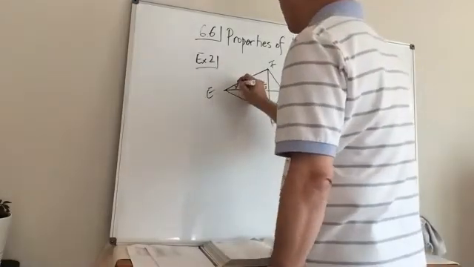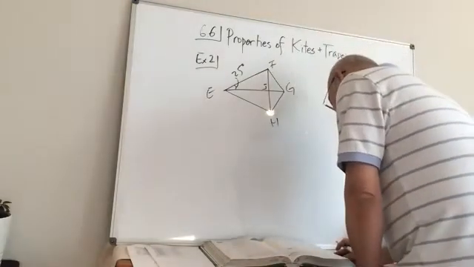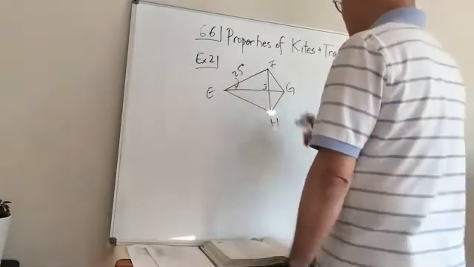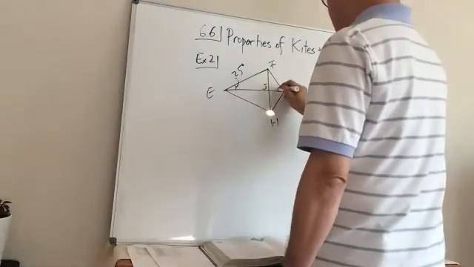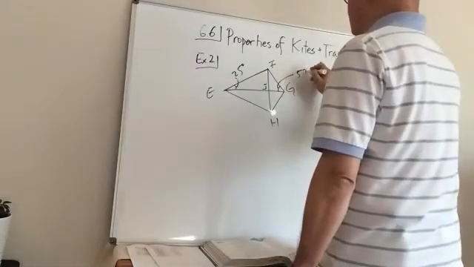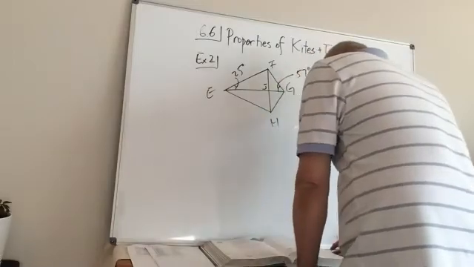So this guy here is 25 degrees. Then we have FGJ, this guy here is 57 degrees. Okay, find each measure.